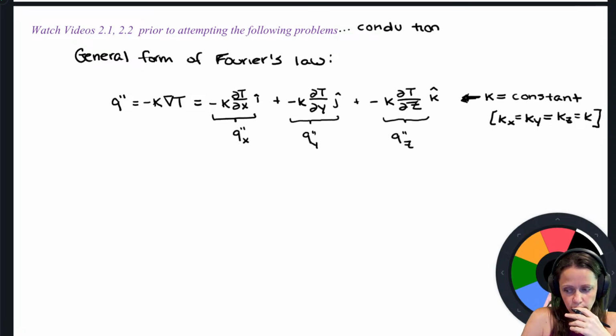And then there was a problem yesterday where it ended up being that it wasn't steady state, and we had to solve to determine whether or not it was. Can we assume, unless it asks us to find it or unless it says otherwise, that it is steady state for unit 1 at least? Yes. Okay, awesome. Yes. Good question. Had to throw in that one problem and then it messed it up.